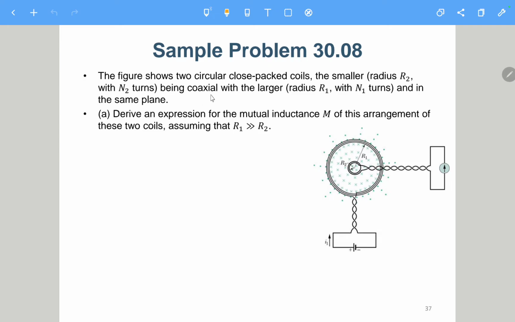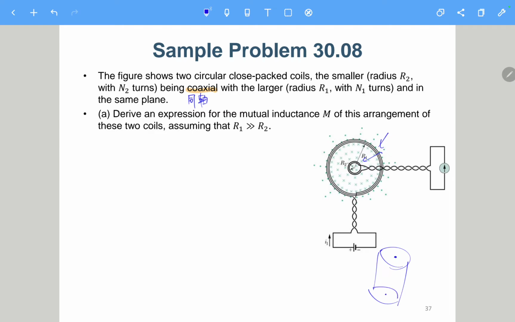So coaxial in Chinese is called 同轴. 同轴 means, because it is a cylinder, and this is another cylinder, for each circle we have a center.